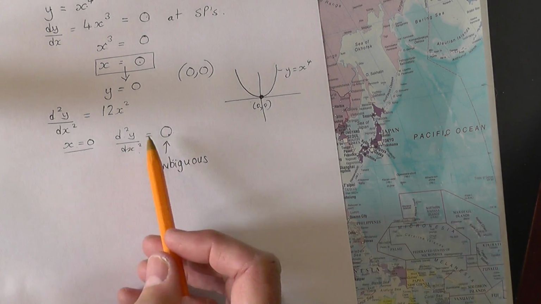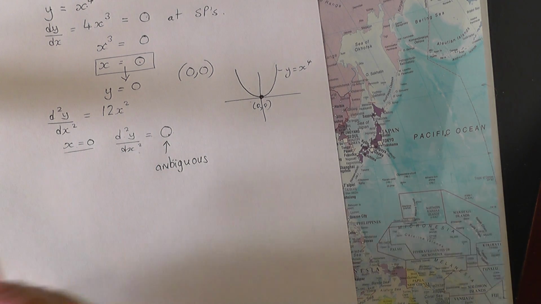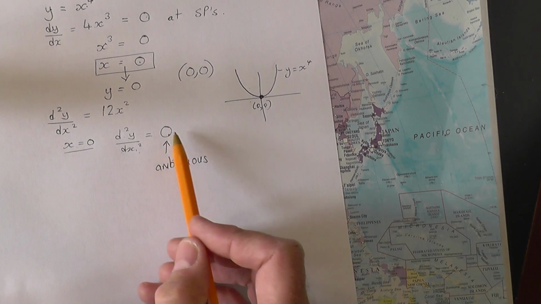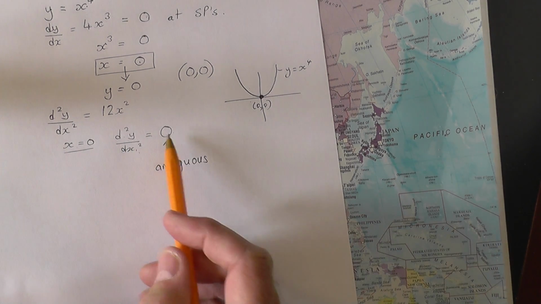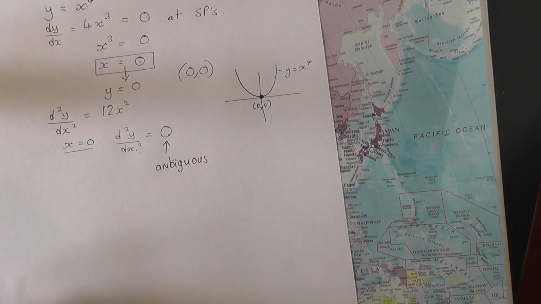So you've got to be really careful when you're identifying what type of stationary point we've got. If you work out the second derivative equals 0, it might be a point of inflection is all you can say from now on. You cannot say for sure it is.